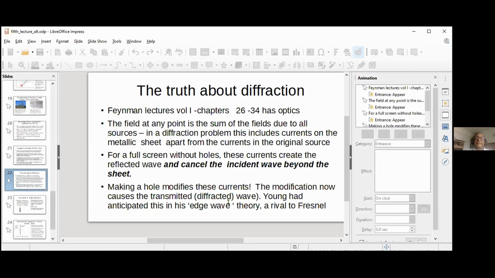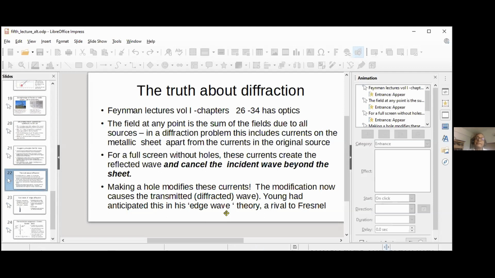Now, interestingly, as you know, in everything, English and French are rivals. So there was Fresnel's theory, which said integrate over the whole wavefront. So Young, slightly earlier, in fact, said, I don't understand all these waves coming out from inside the slit. I should be able to explain everything by two waves coming from the edge of the slit.